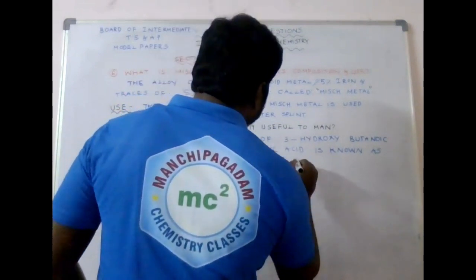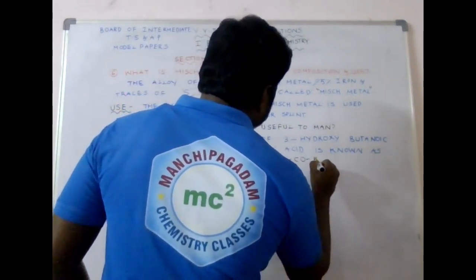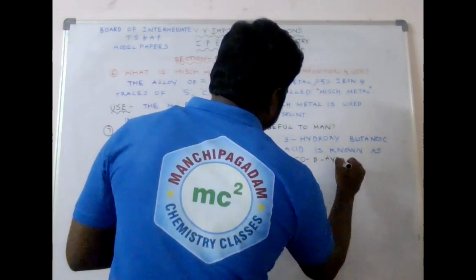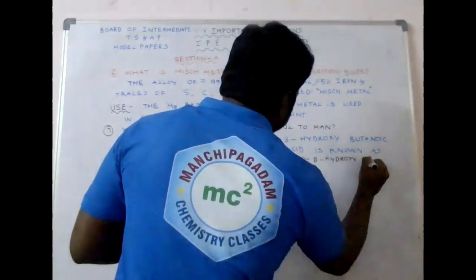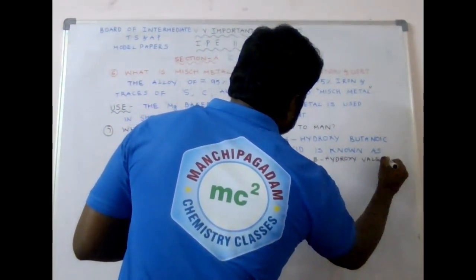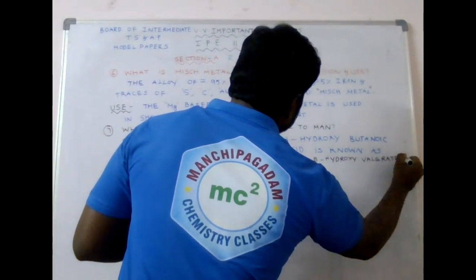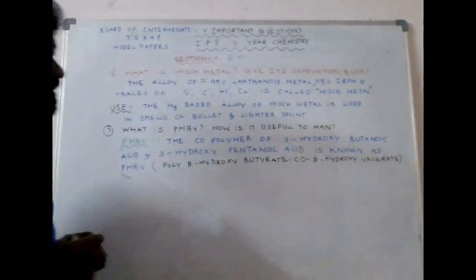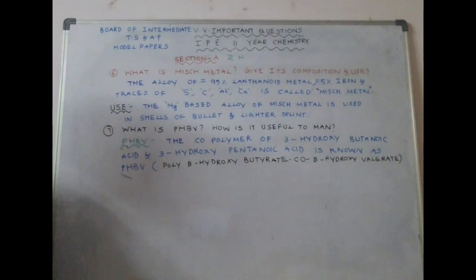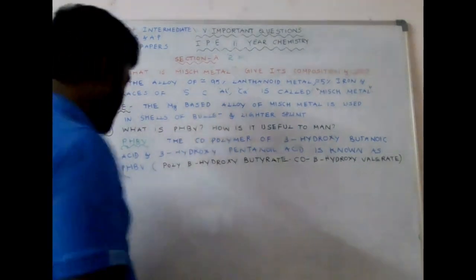Polybeta-hydroxy butyrate, co-beta-hydroxy valerate. Very important, definitely you should write this. Polybeta-hydroxy butyrate co-beta-hydroxy valerate. Practice it many times. This is called PHBV.